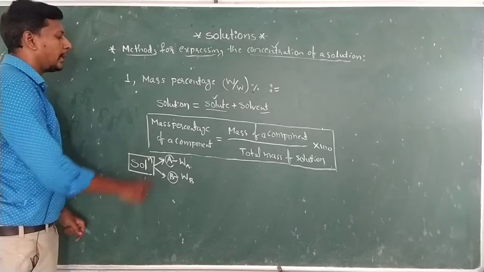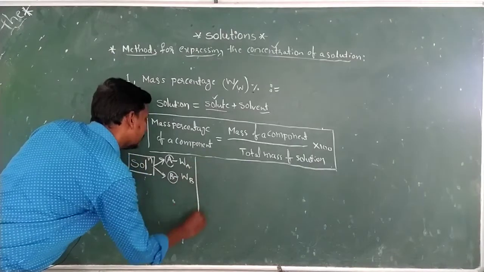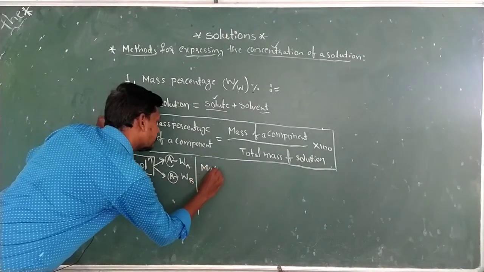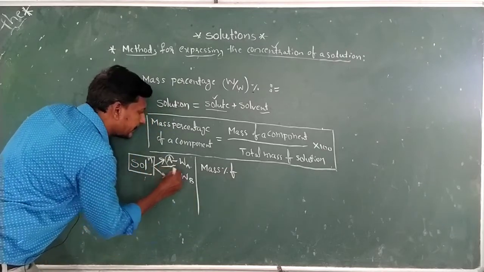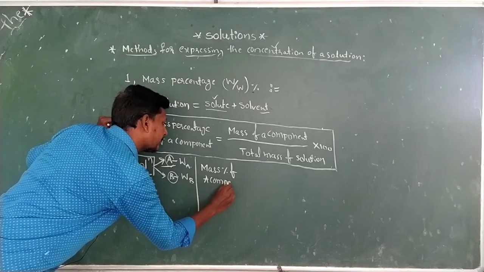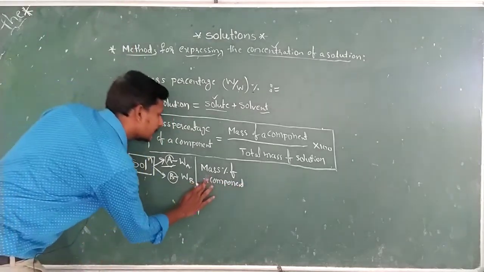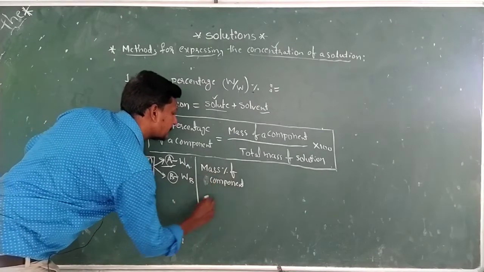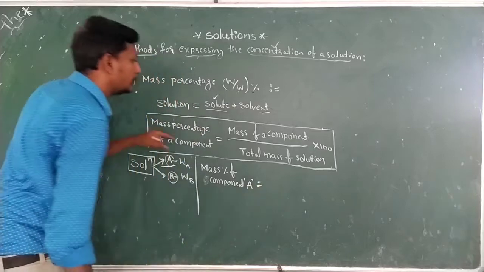Okay, now what is the formula? Mass percentage of A component. Here I am taking A, that's why I am writing A component. Mass percentage of A component, or it can also be written as mass percentage of component A, capital A, is equal to what?